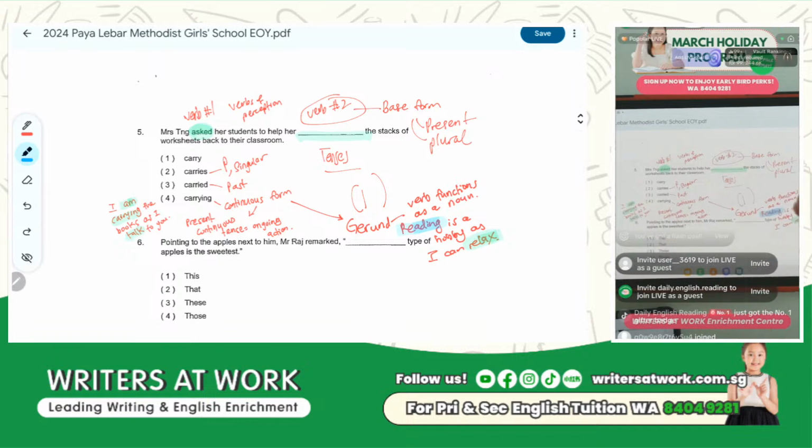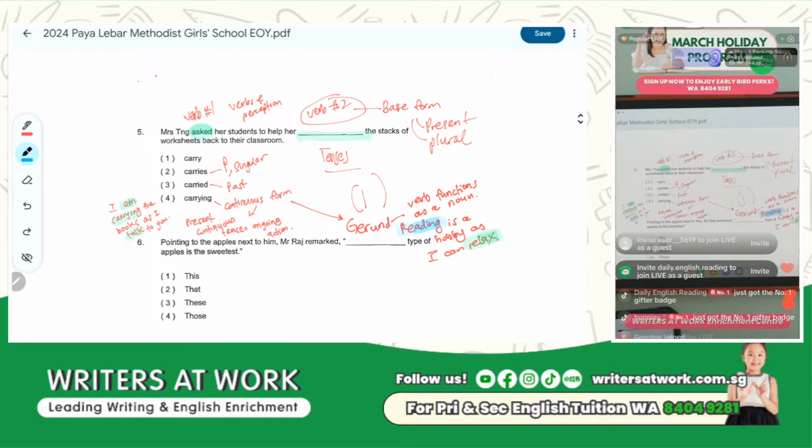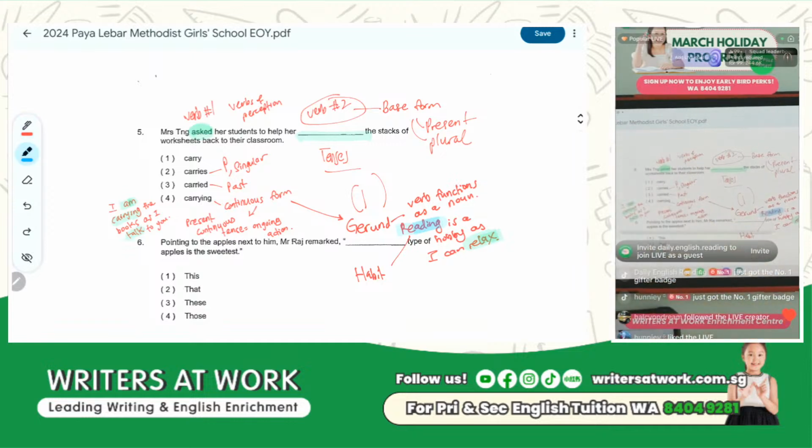Instead, we are trying to talk about this habit of reading, can you see? It's a different thing altogether. We are referring to the habit or the many events when people start reading books. That's why we call this a special group of words known as a gerund. Okay?